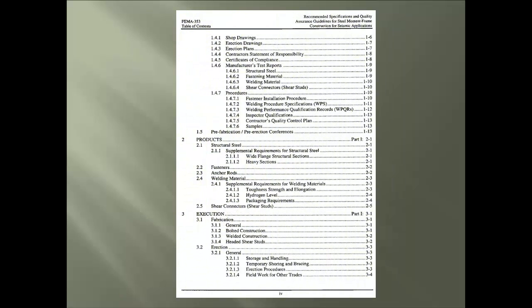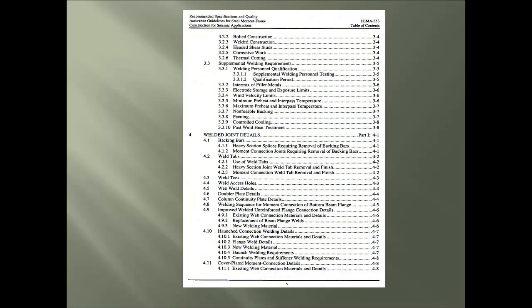We move on through the table of contents to Chapter 2, Products, where items like heavy section members and anchor rods are covered. Next is Chapter 3, Execution, where fabrication and erection is detailed.